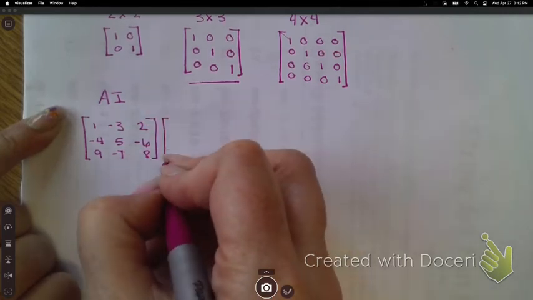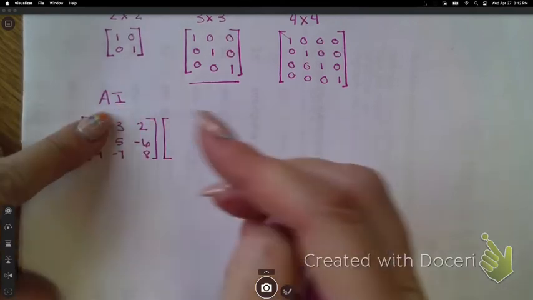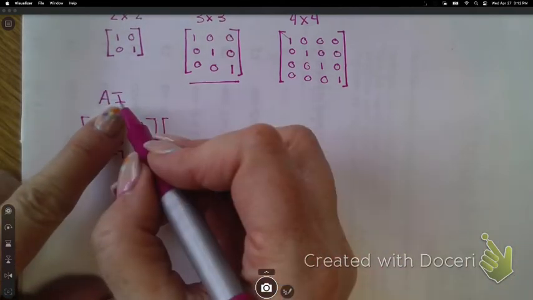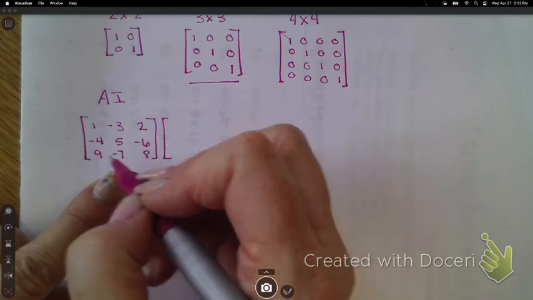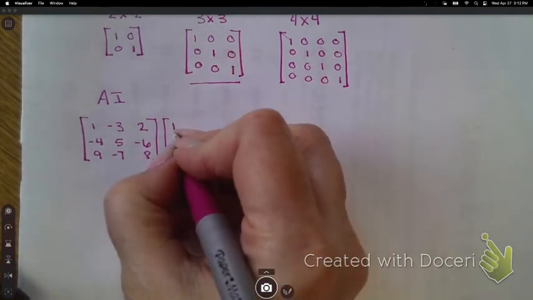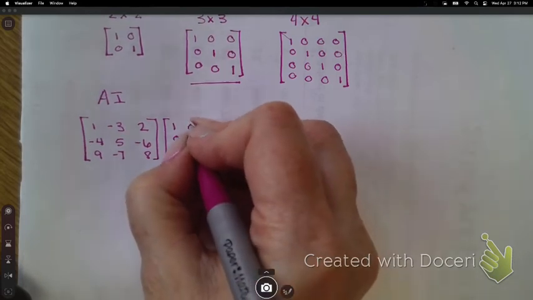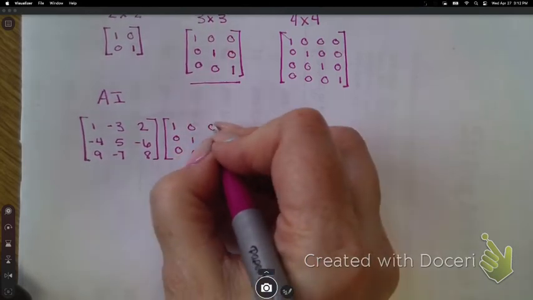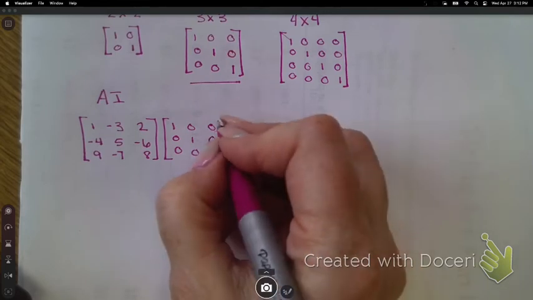We are. That's what I is. Okay? So I said I of this, well, this is a 3 by 3, correct? So it's going to be 1, 0, 0, 0, 1, 0, 0, 0, 1.